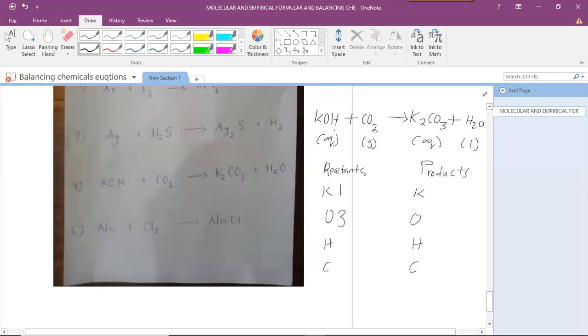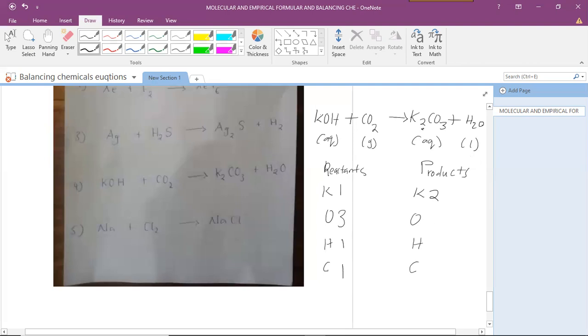Then how many hydrogens? We have got 1, right? Yes. How many carbons? We just have this one here, so 1. We go this side. How many potassiums? 2, right? Yes. How many oxygens? 3.